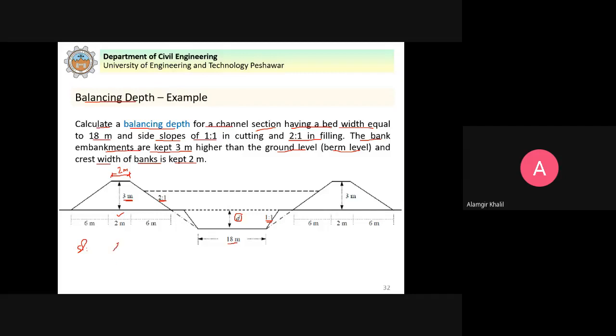So we have area of cutting, equal to area of cut.